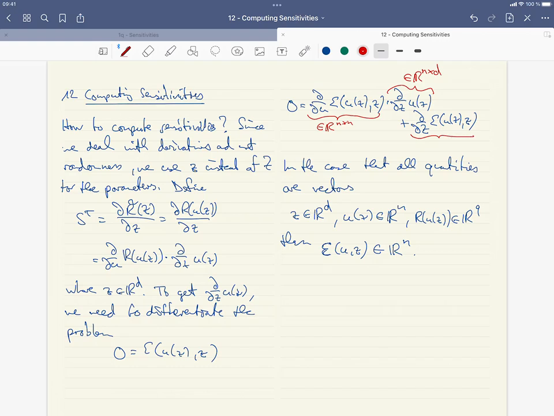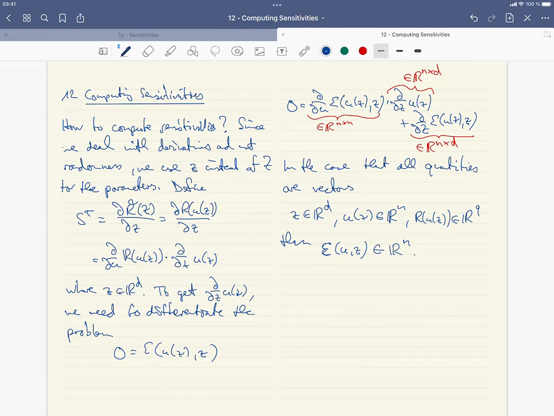And finally, this one is n components, so n equations, and d unknowns. So I have an n by d matrix. And you also see that this is an n by n matrix times an n by d matrix. That gives us an n by d matrix, so the dimensions fit. All right, so that's kind of the standard assumption. And now we have the sizes of the objects in this equality.